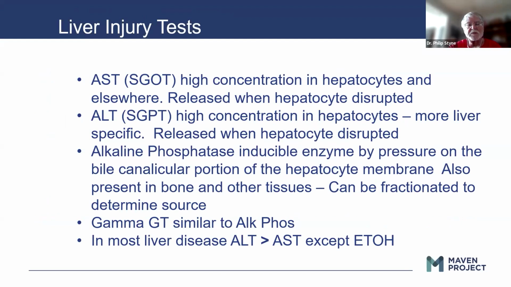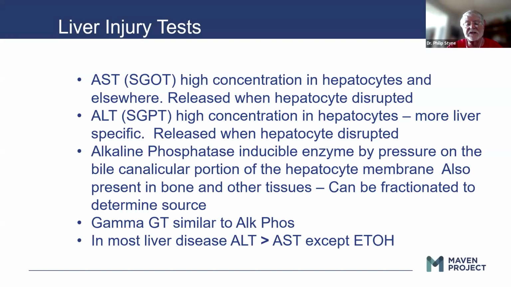So let's talk about some specifics about these liver injury tests. AST, high concentration enzyme within hepatocytes, but it's also a lot of other places, especially muscle, brain. ALT is a little more liver specific, but also it does occur other places in the body, and both AST and ALT are released when the hepatocyte is disrupted.